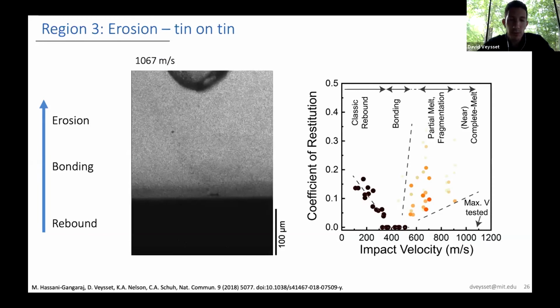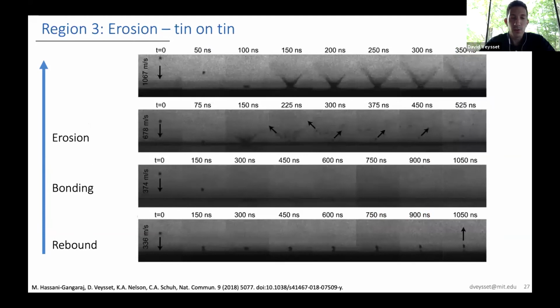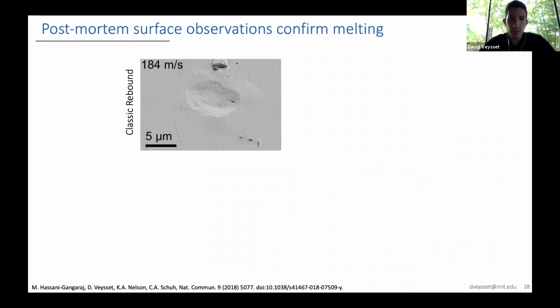liquid. So our question was, do we actually melt the material, because once the substrate is melted, then there's very low strength between the melt and the solid, and then this melt can just be lost. So to check, we looked at post-mortem observations.